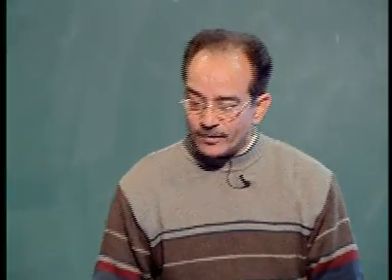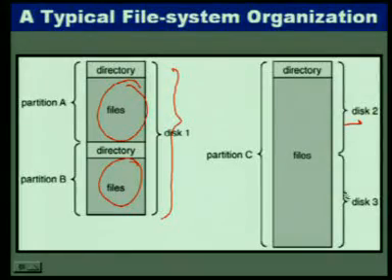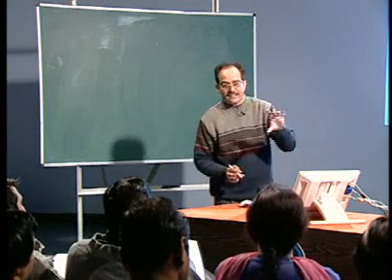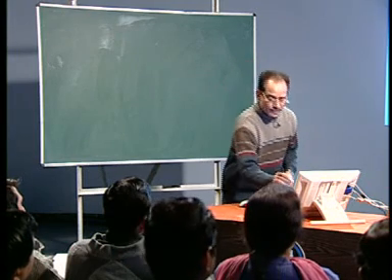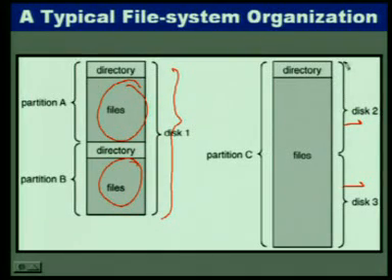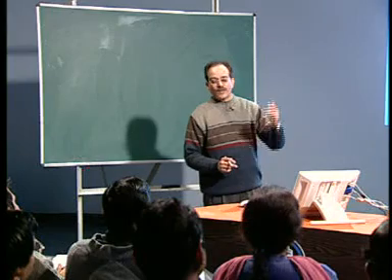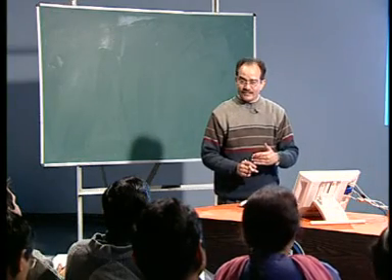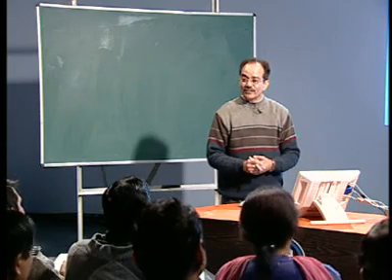I have a number of disks. Logically, I can club them into a single partition. Let us say I have two physical hard disks on my system, but I can club them into one partition, that is, I have a C partition. C partition is a collection of two hard disks. So, this is a file organization which we can have.